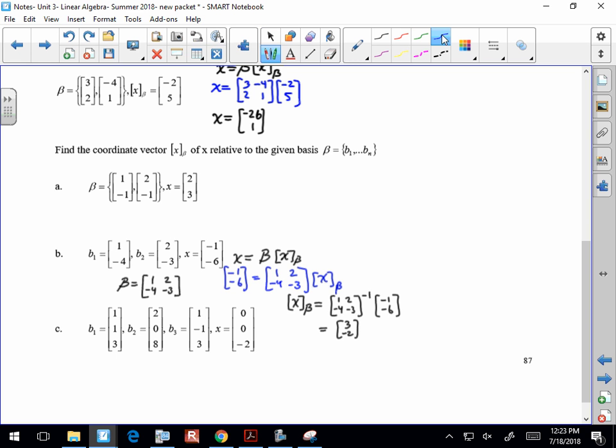Again, x equals beta times x of beta. And again, we're looking for the coordinate vector relative to the given basis. All right, so x is in our system, x of beta is with the new basis.